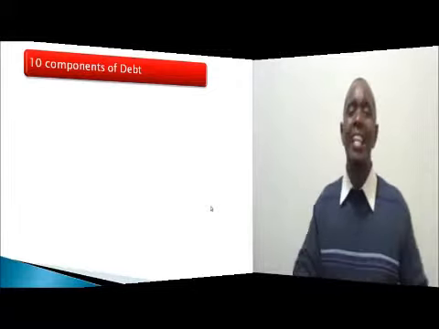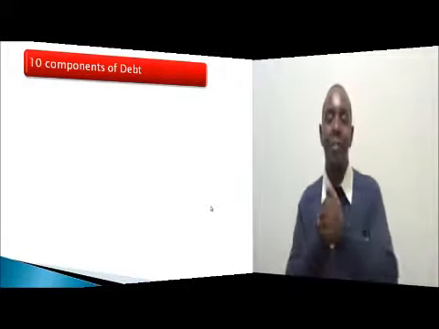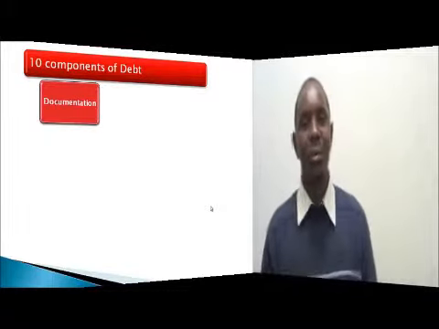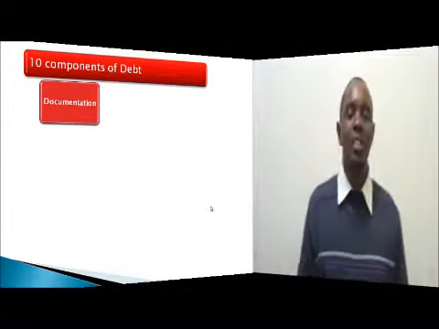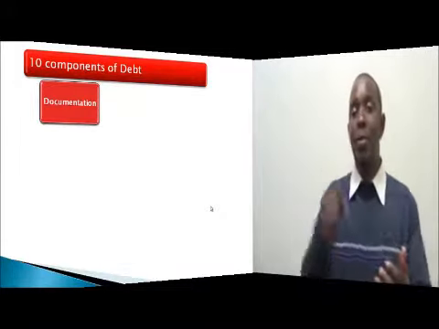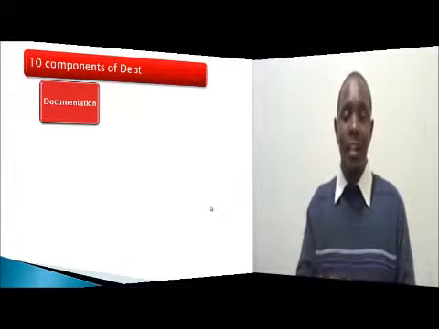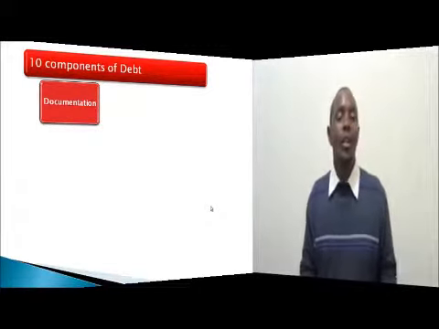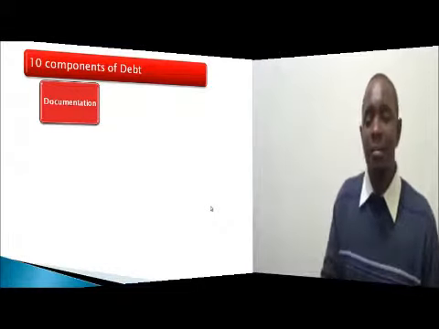Now let us look at 10 components of debt. Okay. Now let us look at the first one, documentation. There are some documents that you need to process the loan. For example, you need your ID, your KRA PIN, maybe utility bills.